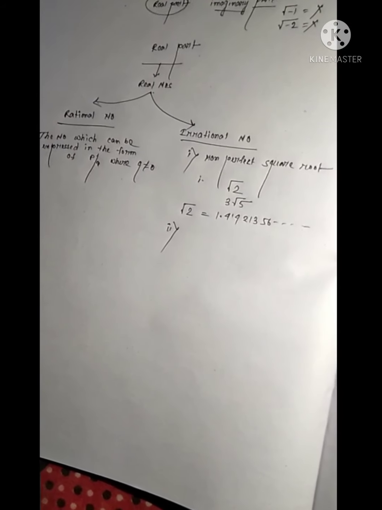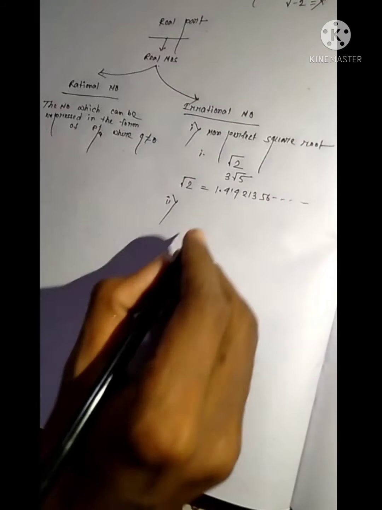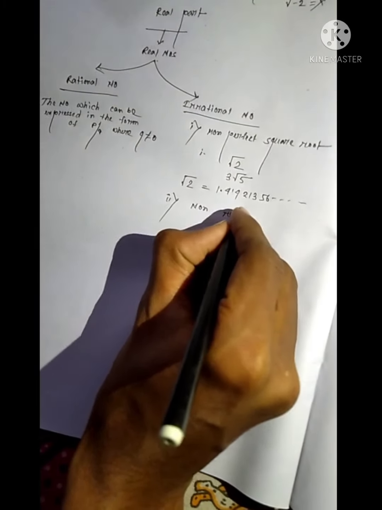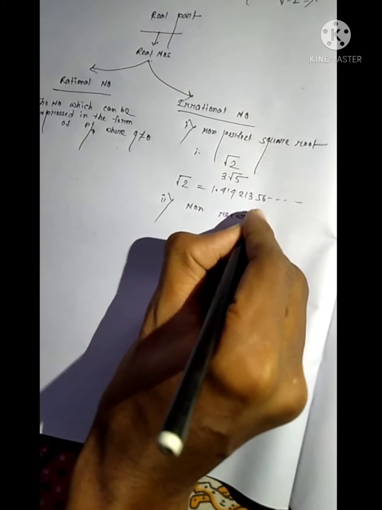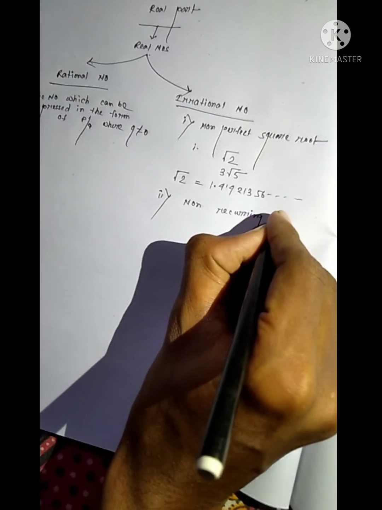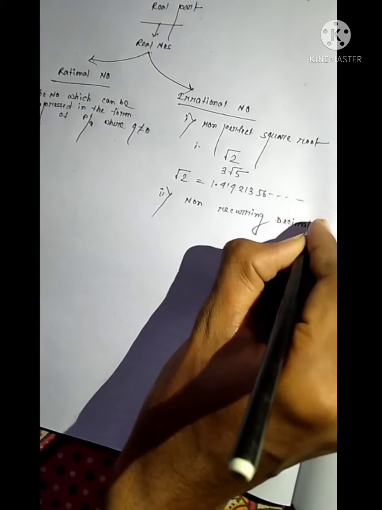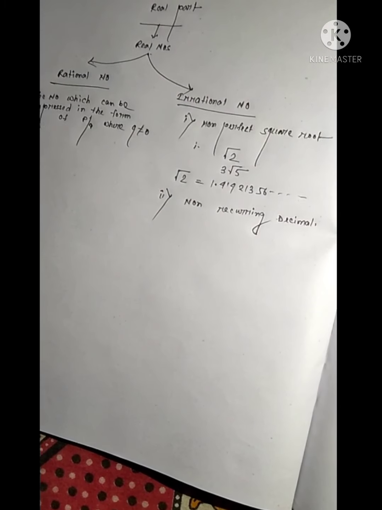Non-recurring decimals are also irrational numbers. So what is a non-recurring decimal?